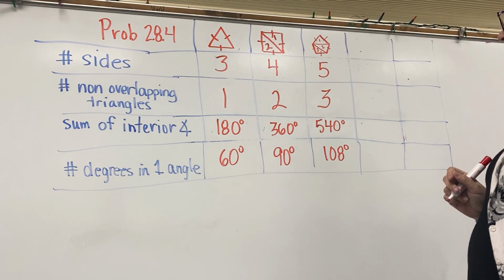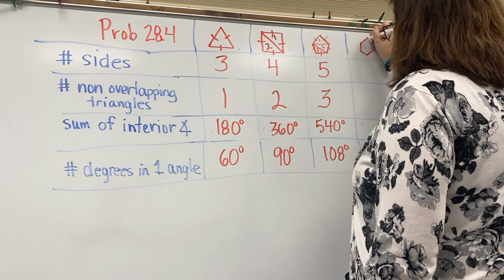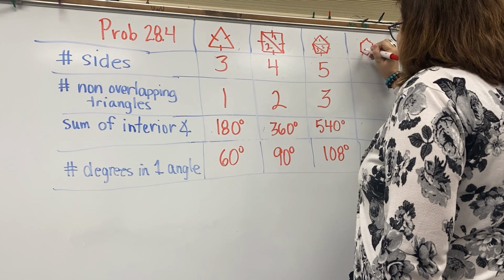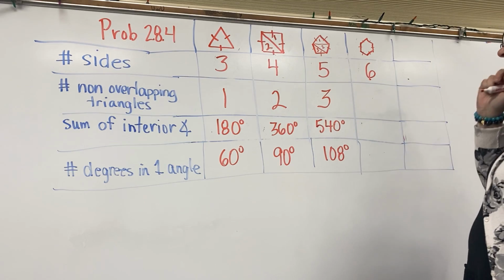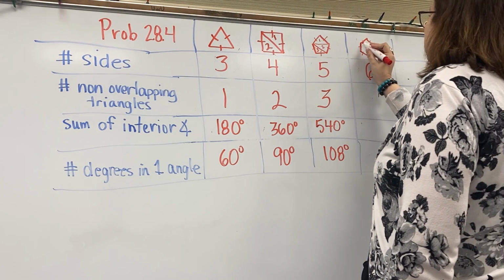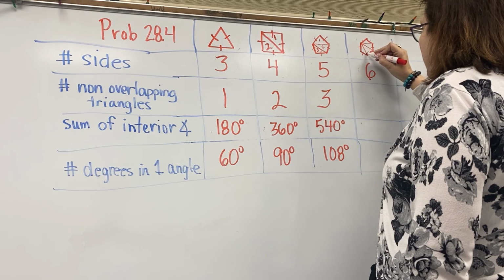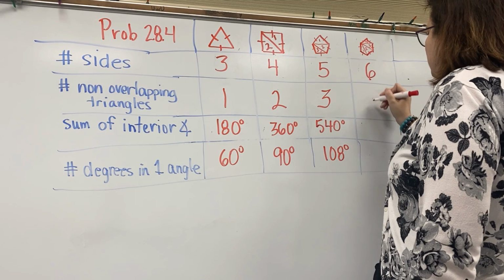All right. Next up, I do not draw this one well, I will admit. But here is our 6-sided figure. 6 sides, that's a hexagon. I'm going to draw in my non-overlapping triangles. See how many we have here? 1, 2, 3, 4.